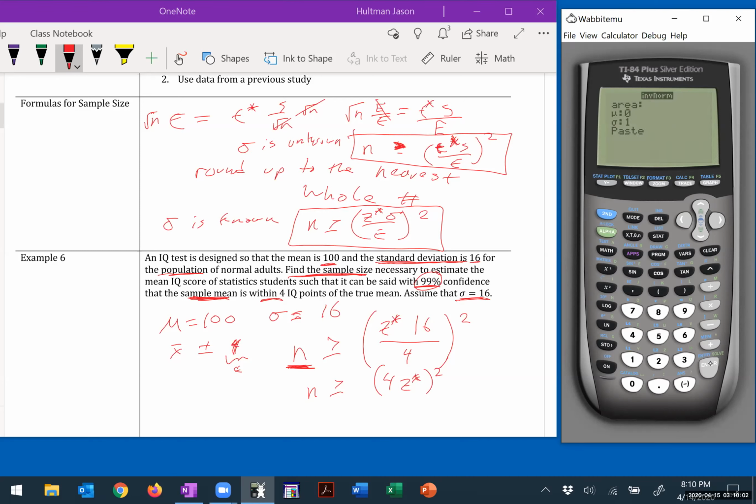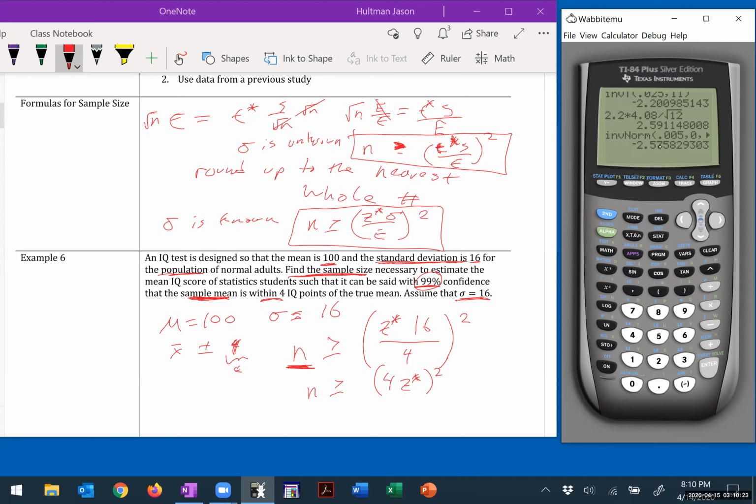It's 1%, so I have to cut it in half. That's 0.005. The mean and standard deviation are the same, 0 and 1. And it's 2.58. So I was close. I think I said 2.56.